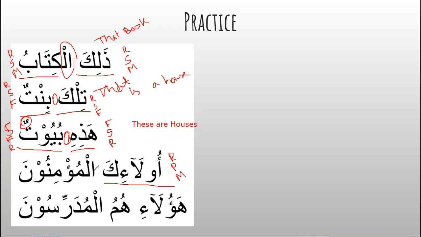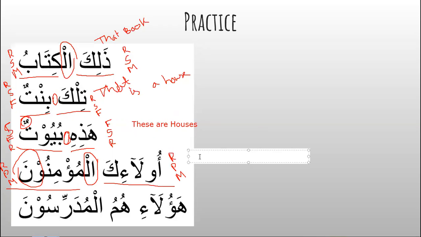And immediately after Ulaika there is al. So it's not a sentence, it's a fragment. And mu'minuna is una ending, which means rafa, plural, and masculine. So all three properties match, and there is an al. So this one is not a sentence, this one is a fragment.